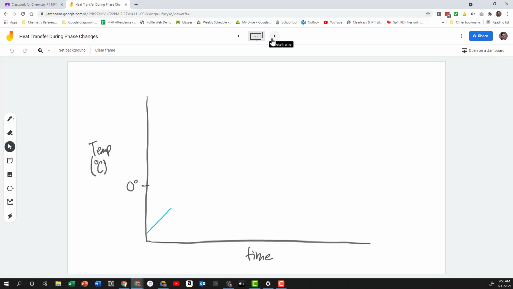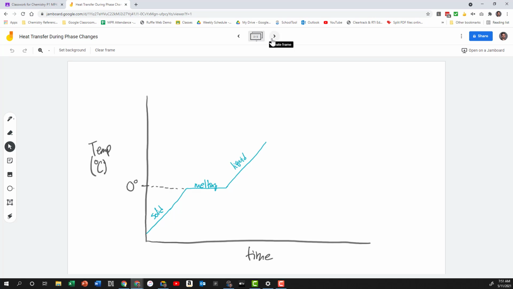So you heat this up. When you get to 0 degrees Celsius, what happens? It melts, right? This is in the solid phase. And it melts, and the temperature flattens out. We don't have a temperature change. And then, after it's all melted, it moves upward, and this is the liquid phase. This is melting.